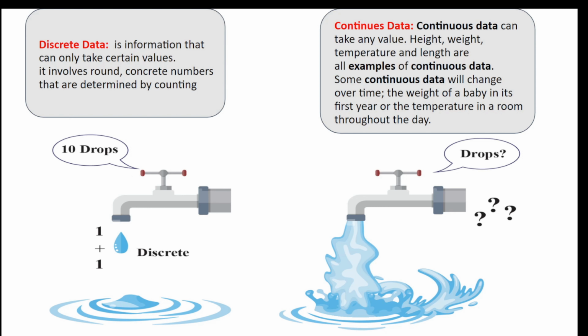This could be our height, our weight, temperature, length or any other thing. It could be air pollution. So we do have information that is not discrete.